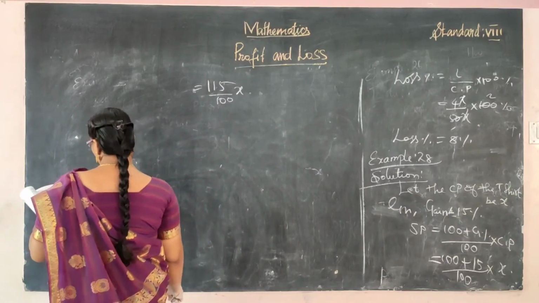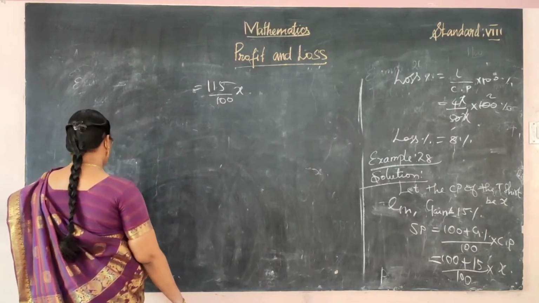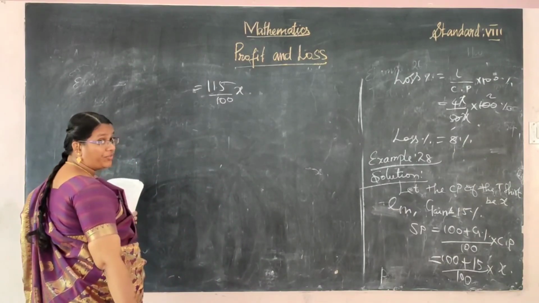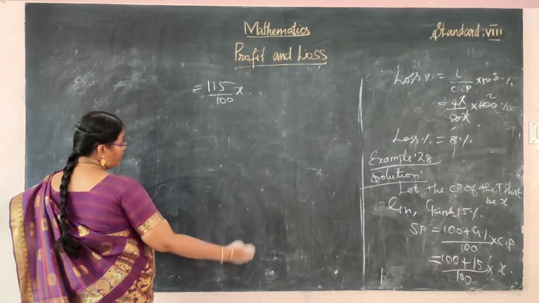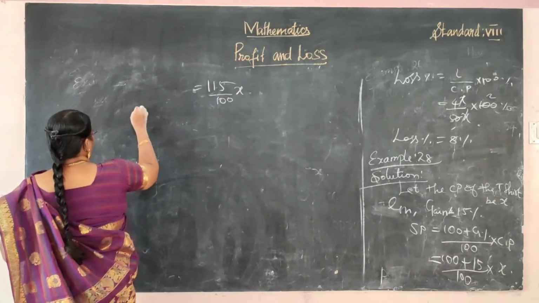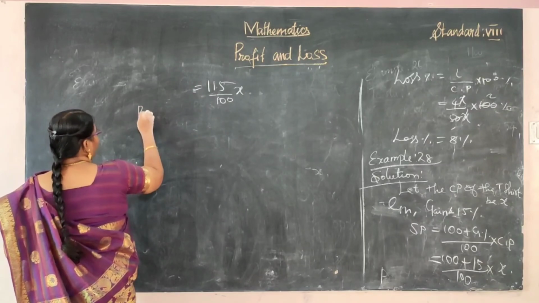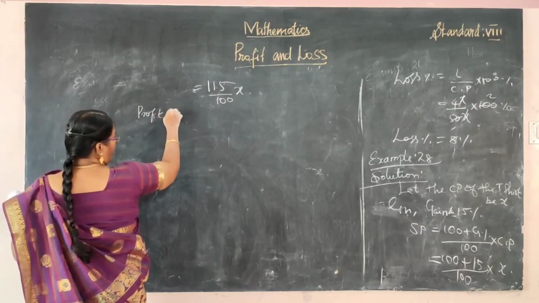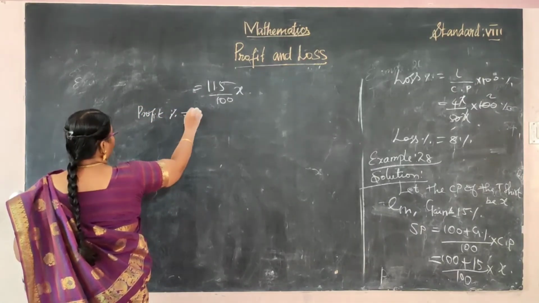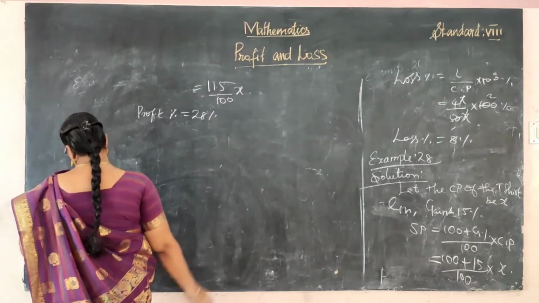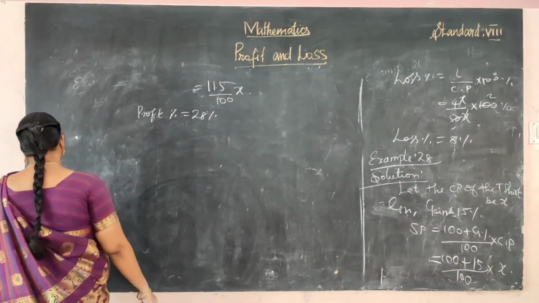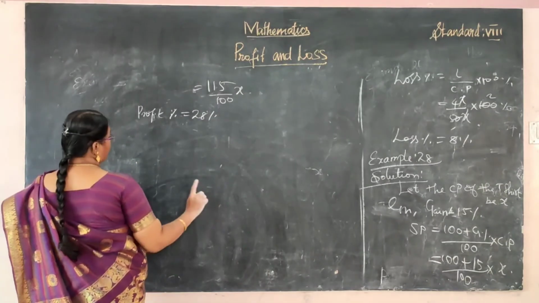Now find the next one. This is the selling price after a profit of 28%. This is the first gain, and the second one, profit or gain percentage, is equal to 28%. The cost price is x.